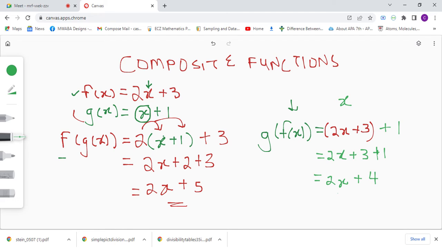We can factorize this further. The common factor here is 2. 2x divided by 2, that is x. 4 divided by 2, that is 2. And that is our answer, g f of x.